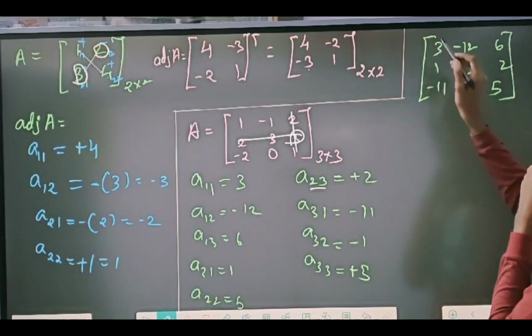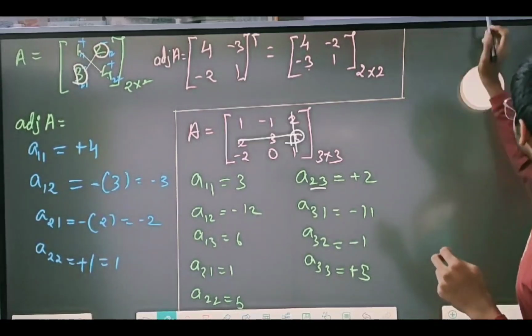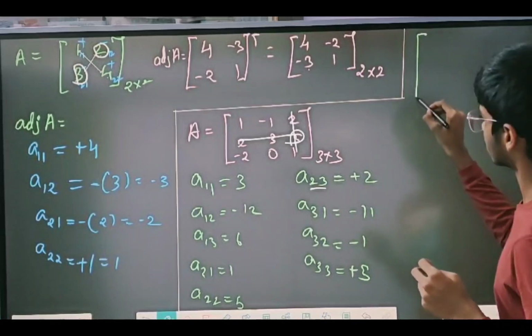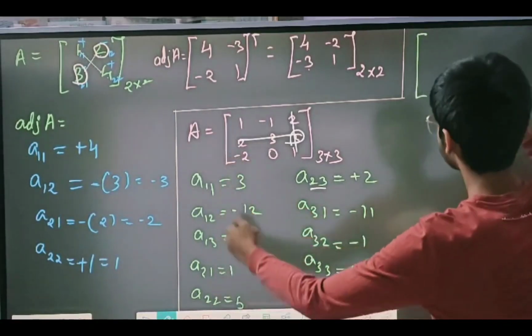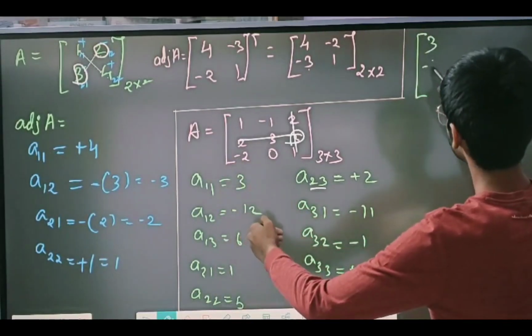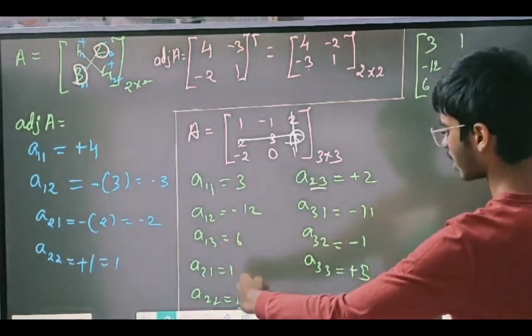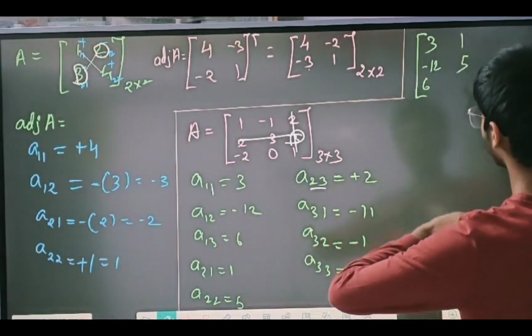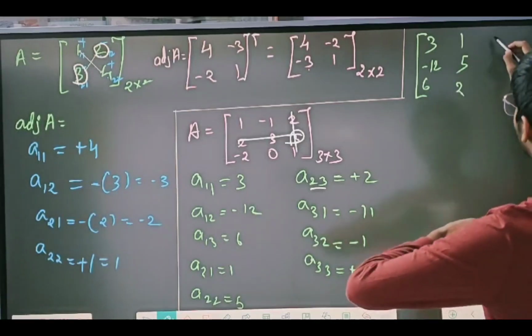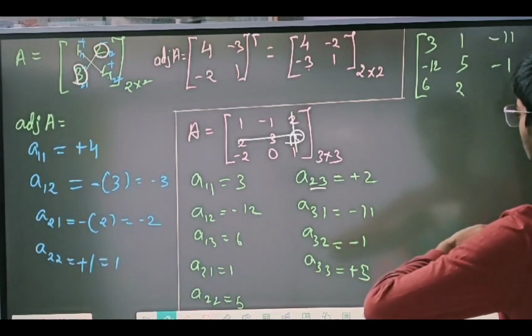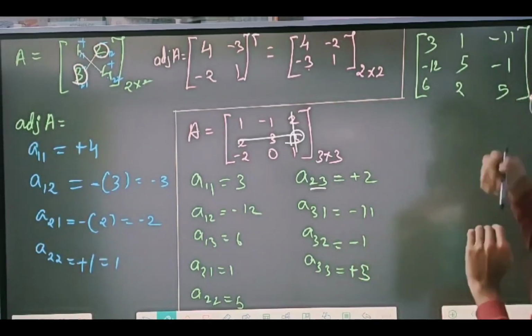Like this, instead of writing them, you can write it like this. See, 3 right here, minus 12 right here itself, 6 right here. Then start from here: 1, 5, then 2 here, minus 11, minus 1, 5. Right, like this.